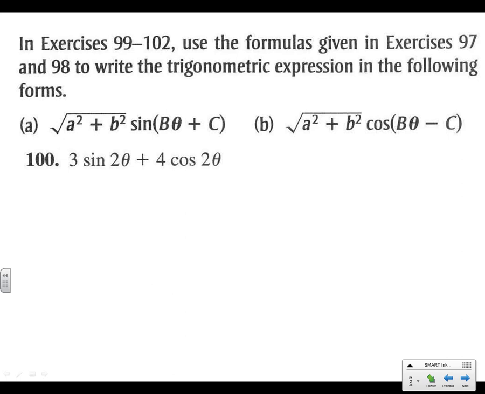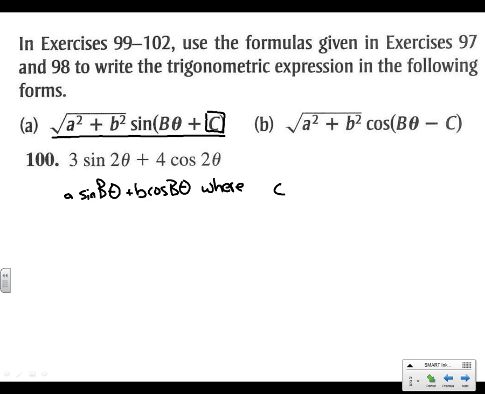If we go back and look at those problems, they say that this first formula is equal to a sine b theta plus little b cosine big B theta, where C, this C here, equals the arctan of little b over little a.